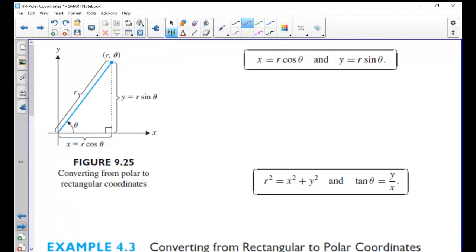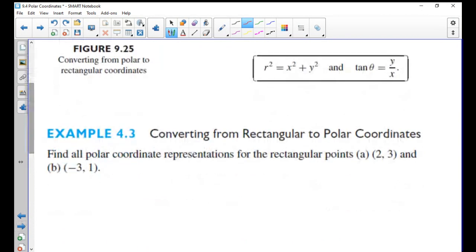Now I think same idea here. Find a polar coordinate representation for the point (2, 3). So let's do one of these.